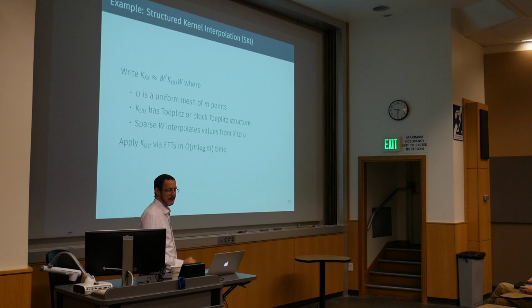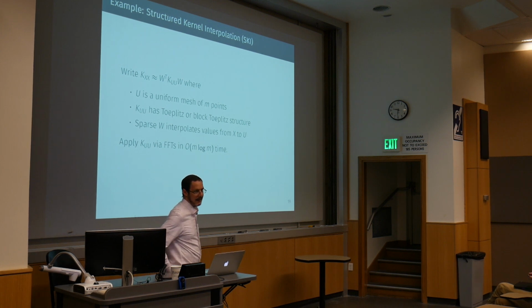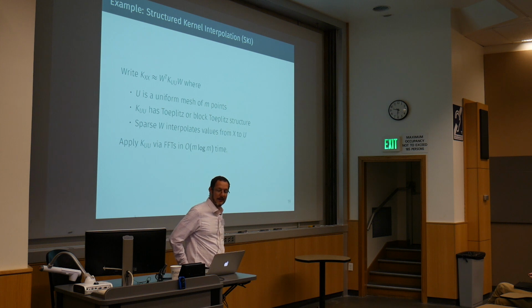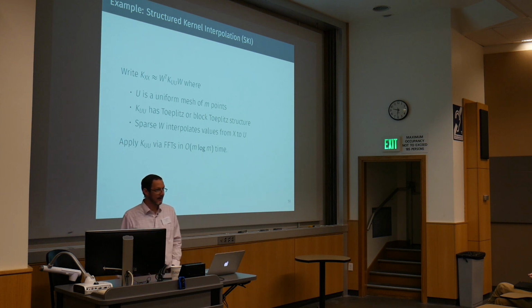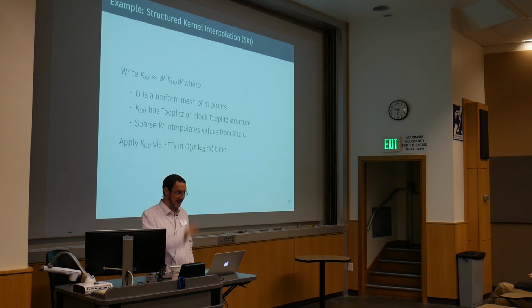Right. Okay, so the idea with structured kernel interpolation, which is the main thing that we've actually been using in practice in this work, is you've got your data points, and then you've got some uniform mesh laid over a domain where your data points live. And you can write the behavior of your kernel at the data points by interpolating onto the uniform mesh and then interpolating back, right?